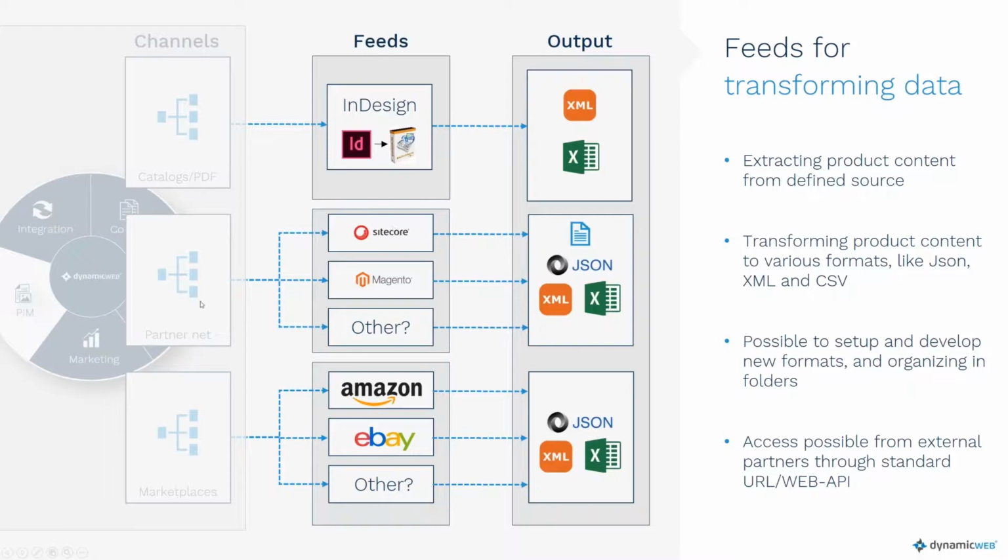In the middle, you can see I have my partner network. And again, as a company, you decide that these products should go into the partner network. The manager of the market is just responsible for placing the products in the channel. Depending on if the partner is using, let's say, Magento or Sitecore or maybe other e-commerce solutions, a feed can be made that will fit the required information for each of these platforms.